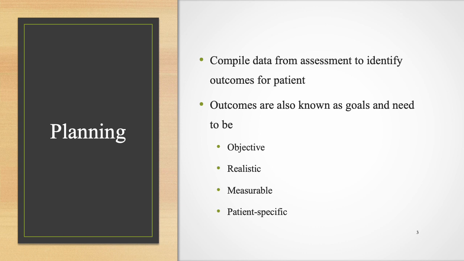So one example, if I have a patient that comes in with severe abdominal pain, they've already received pain medication and it's not working, so we need to try other types of pain medication. It's not realistic to say that by the end of my shift, the patient is not going to have any pain at all. I need to take a goal into account that is specific to this patient, that I can measure, and that it's realistic.